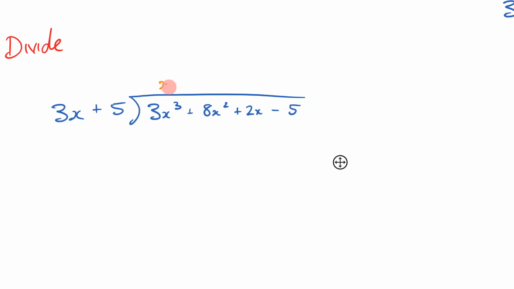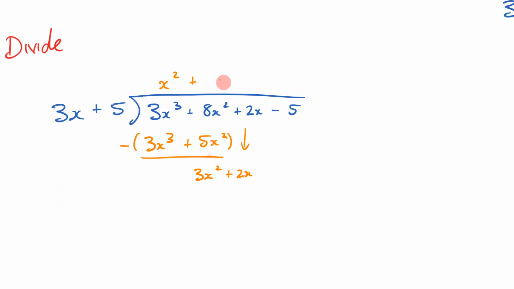Again, we start to freak out a little bit because we have a non-monic, but everything's going to be fine. This is going to be x squared, this is going to be 3x cubed, this is going to be plus 5x squared. We subtract, this is going to be 3x squared, we carry down this 2x, then we start again.